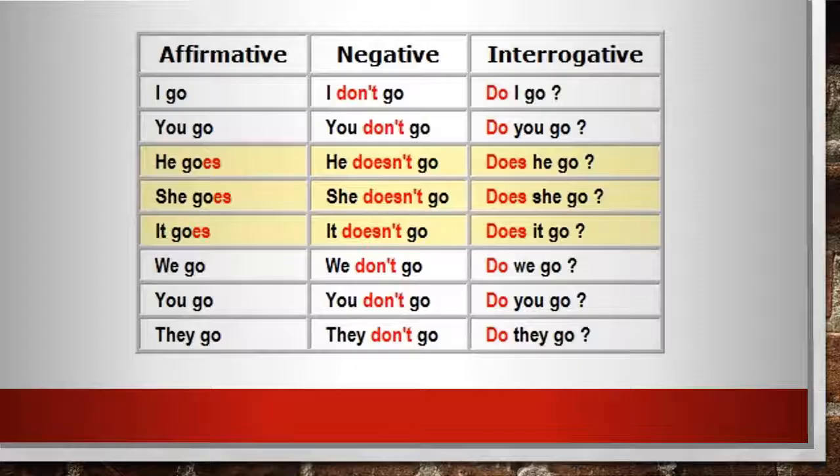The auxiliary comes at the beginning. Obviously, the same rules apply as in negative statements. Where I use do in negatives, I use it in questions. And the same goes for does. And notice also that the verb remains the same in all cases.